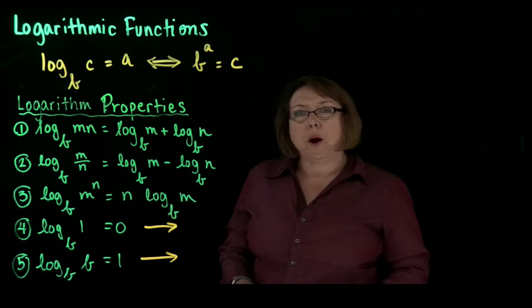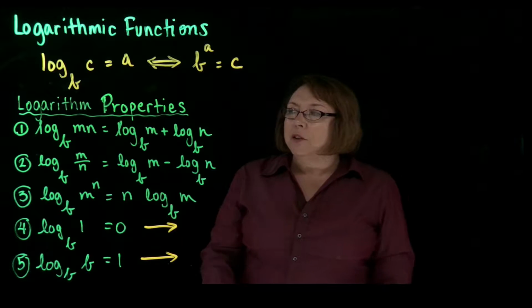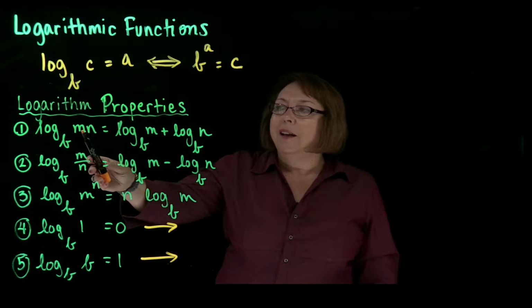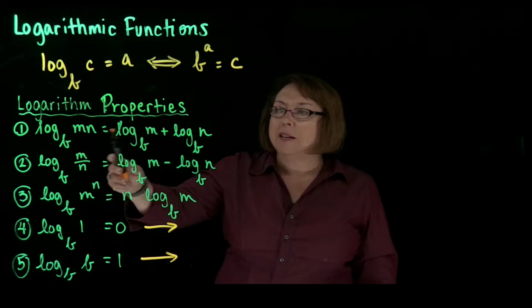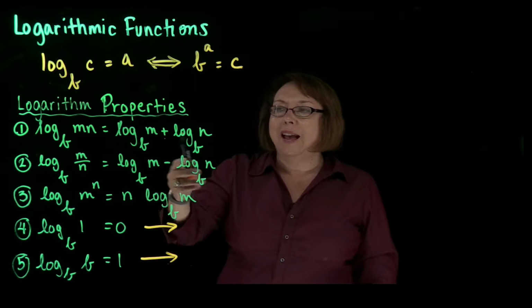Let's review some of the properties of logarithms before we work on some examples. Number one: log base b of m times n. What happens when you take the logarithm of a product, to any base? You divide it into two logarithms and add them.